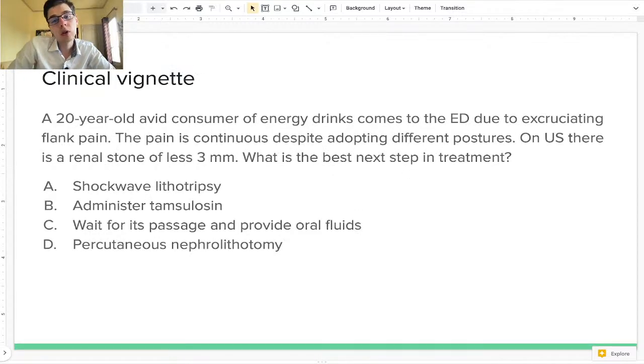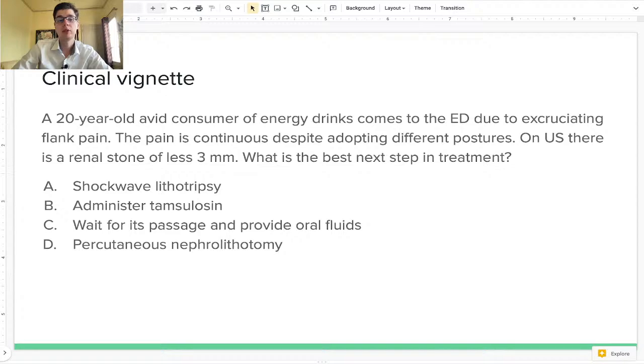Now, let's talk about renal disease. We have a 20-year-old avid consumer of energy drinks. He comes to the ED due to excruciating flank pain. The pain is continuous despite adopting different postures.